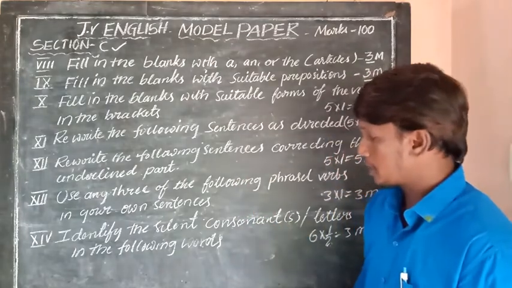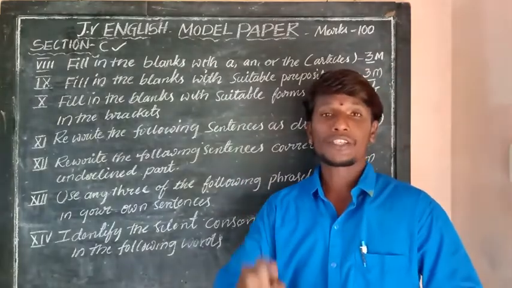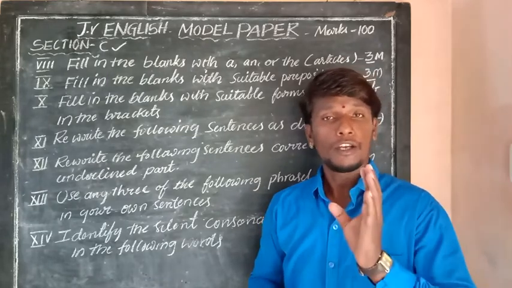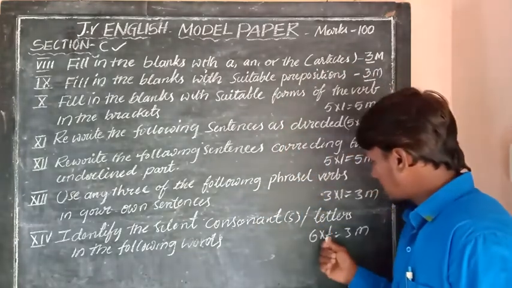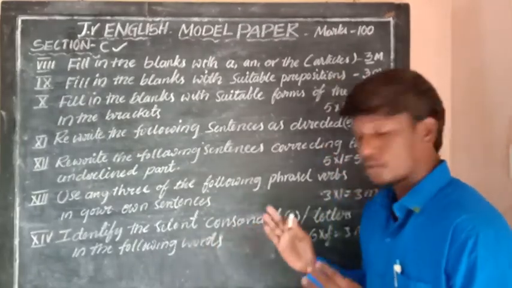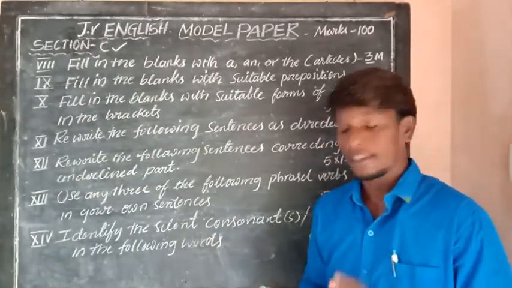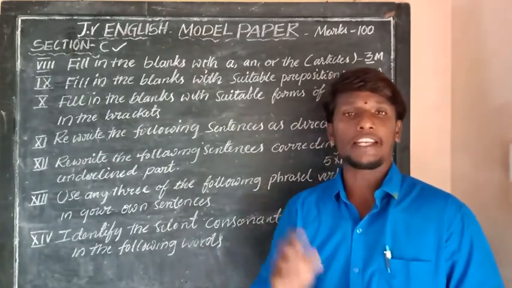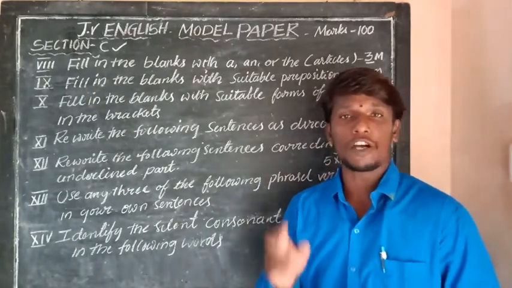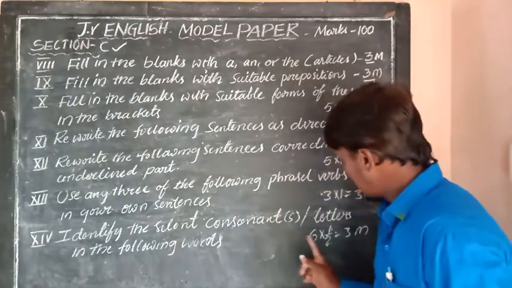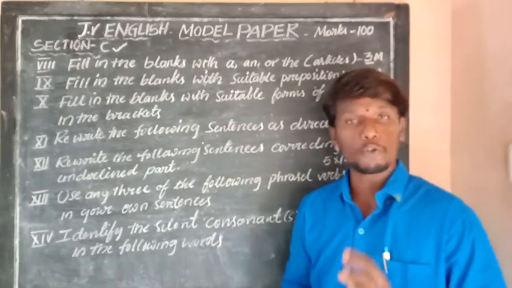Out of them, you need to identify silent letters or silent consonant letters, and you get 3 marks from this question. 6 questions will be given. I think 10 words will be given. Out of 10 words, you identify the silent letters in 6 words. So 6 into half is equal to 3 marks.